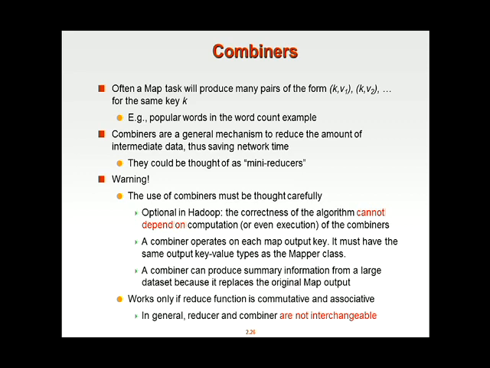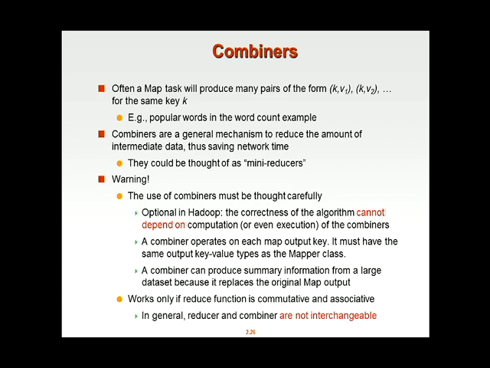This can save network transmission time. It can be thought of as a mini reducer that does similar jobs as a reducer, but it's just a local aggregation, not a global aggregation like the reducer.